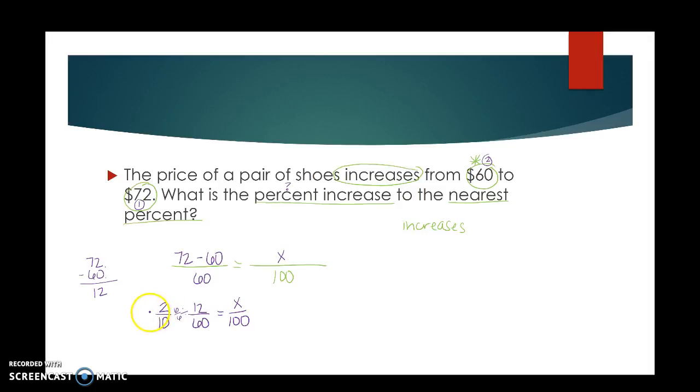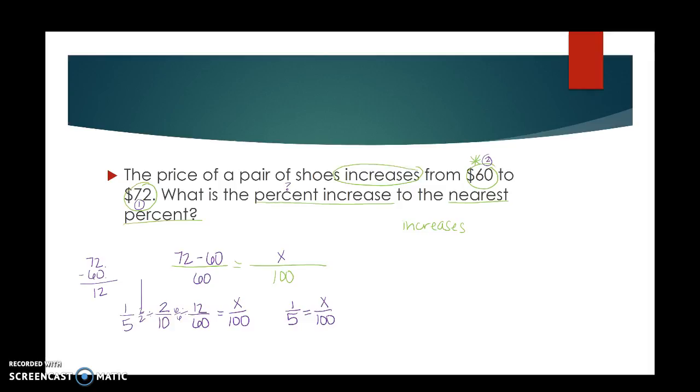Well, look, those are both even numbers, so divide by 2 over 2. I get 1 over 5. So now my proportion is 1 over 5 equals X over 100.